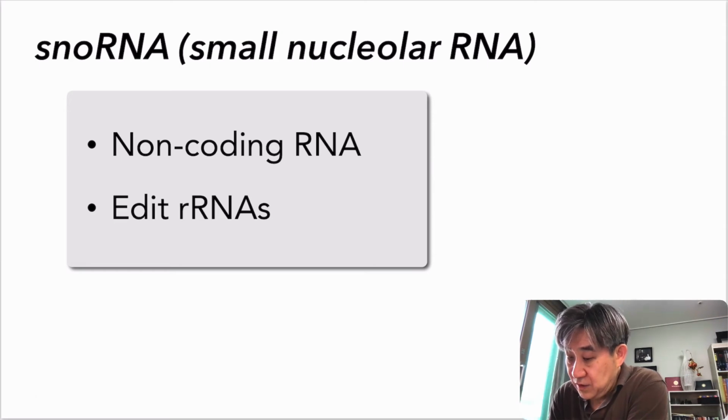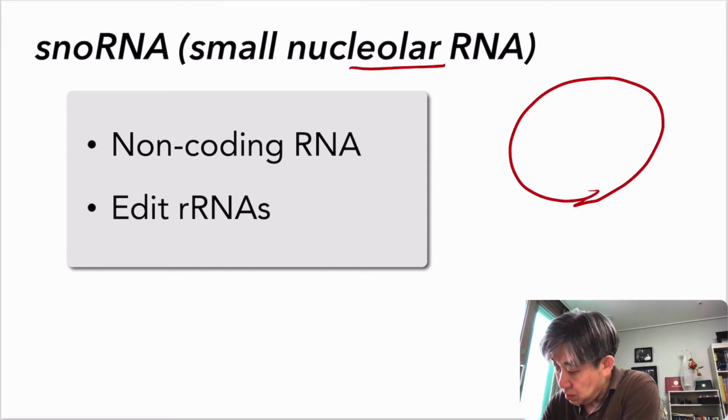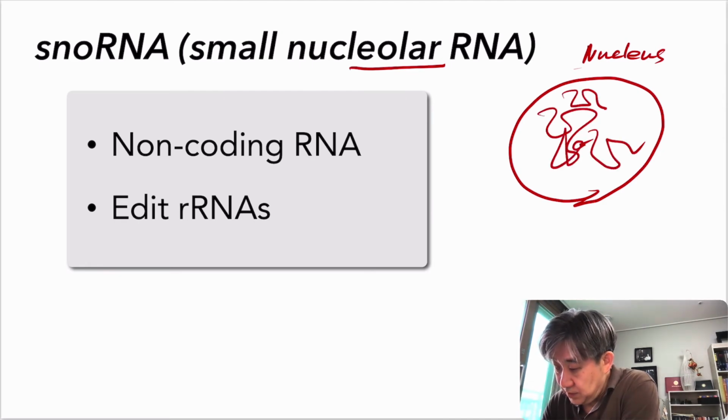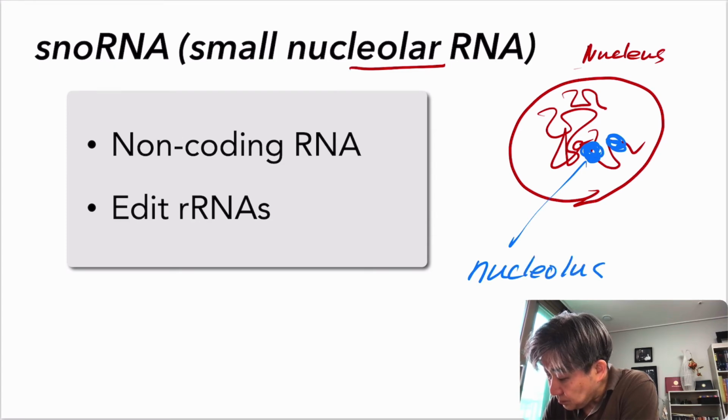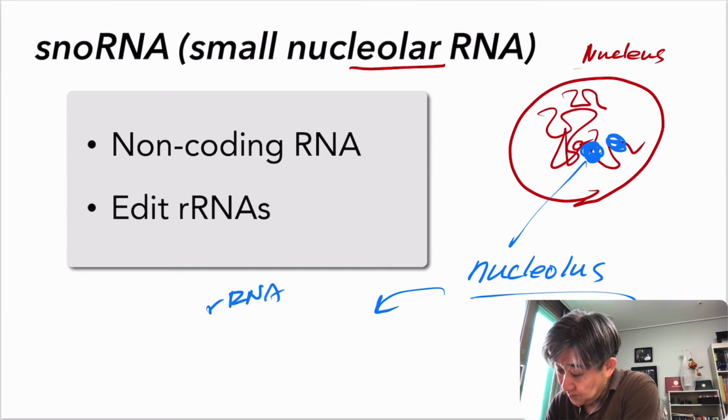And another very similar in pronunciation, snoRNA, small nucleolar RNA. So the nucleus is the whole nucleus where your DNA is present, but there is another certain segment on DNA called the nucleolus, and this nucleolus is the area where ribosomal RNA, of which there are several versions, is produced.